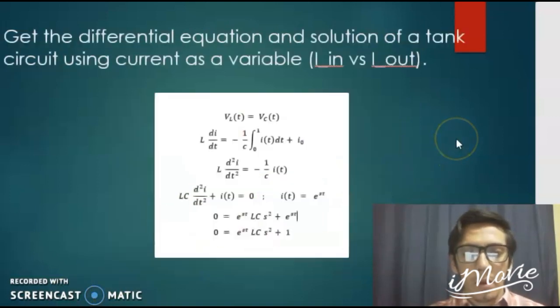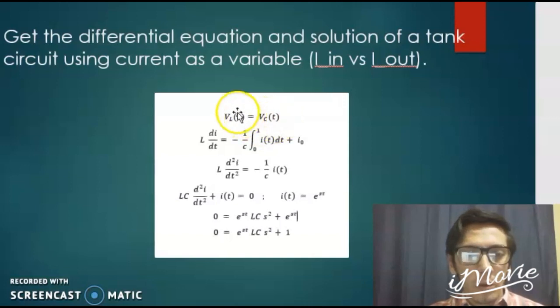Okay, now I talk about getting the different equations and solutions of the tank circuit using current as a variable, for example, current in versus current out. First, you need to take the equation of the voltage on the capacitor and the voltage on the inductor.